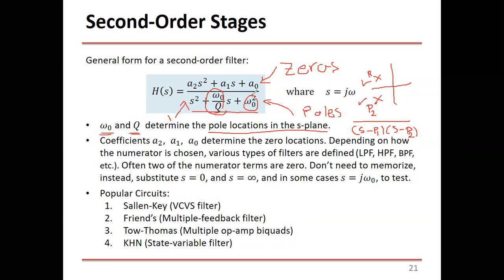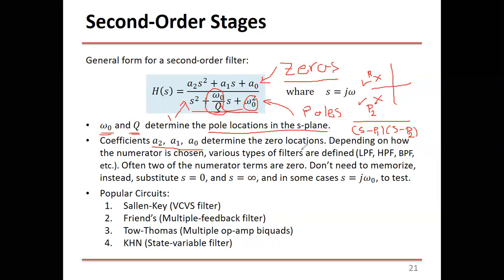So you first find this one and take the square root of it, and substitute into this one, and you get Q. So you can define Q and omega 0 by just knowing the location of the poles in the S plane. Okay. How about the coefficients A2, A1, A0? These are determined by the zeros location, right? Because these are the numerator coefficients.